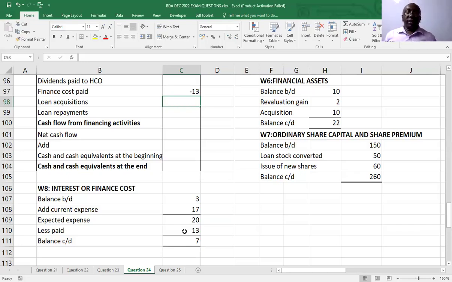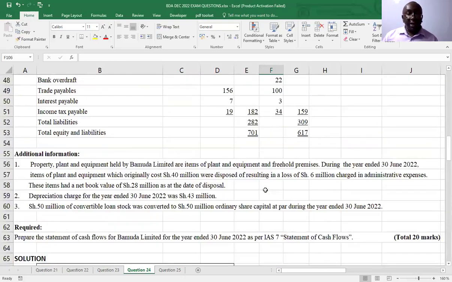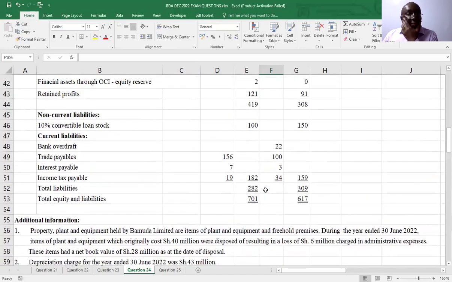So interest, they go hand in hand with the dividends. And how do you check the dividends? You check dividends by looking at the retained profits. So kuja tuangalia hapa retained profits. Naona retained profits, we had an opening of 91, then we closed with 121.